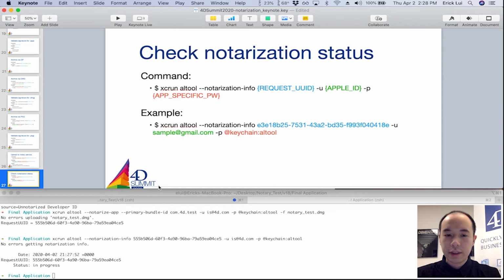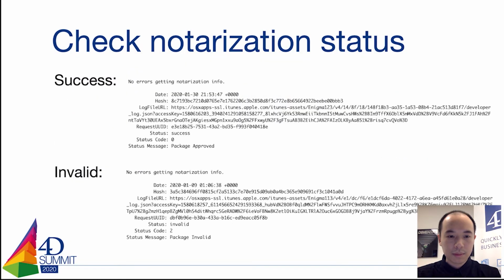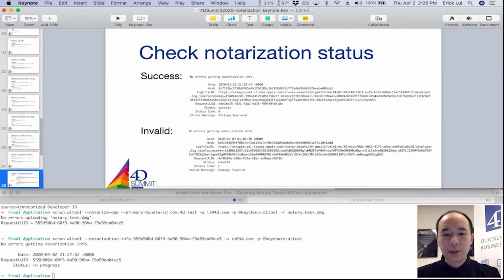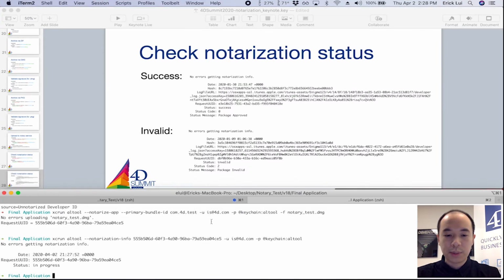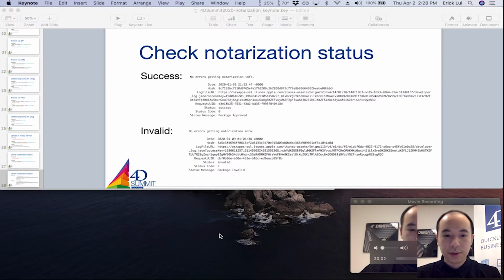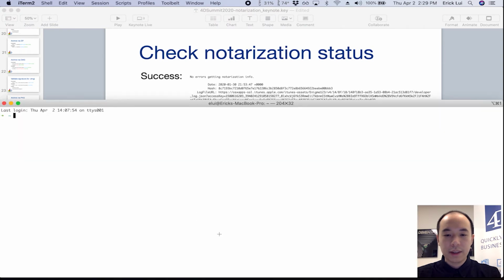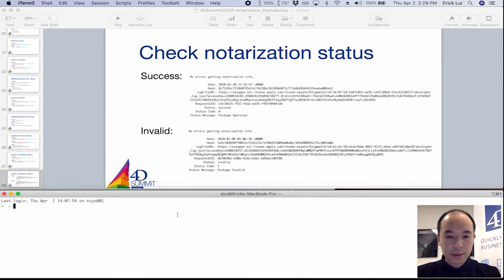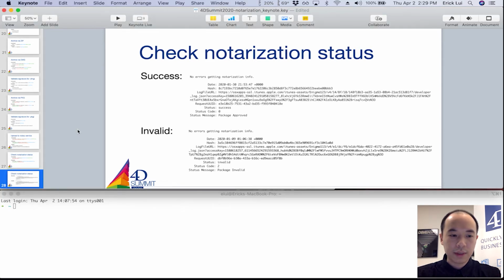But let's say we forgot the UUID. We close the terminal. Uh-oh, where is the UUID? I can't find it. How can I get it back? What you can also do is check the notarization history.